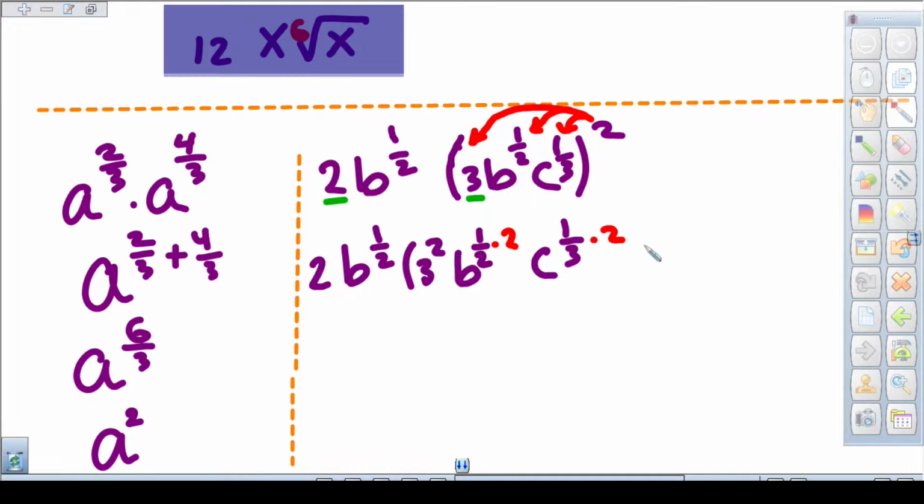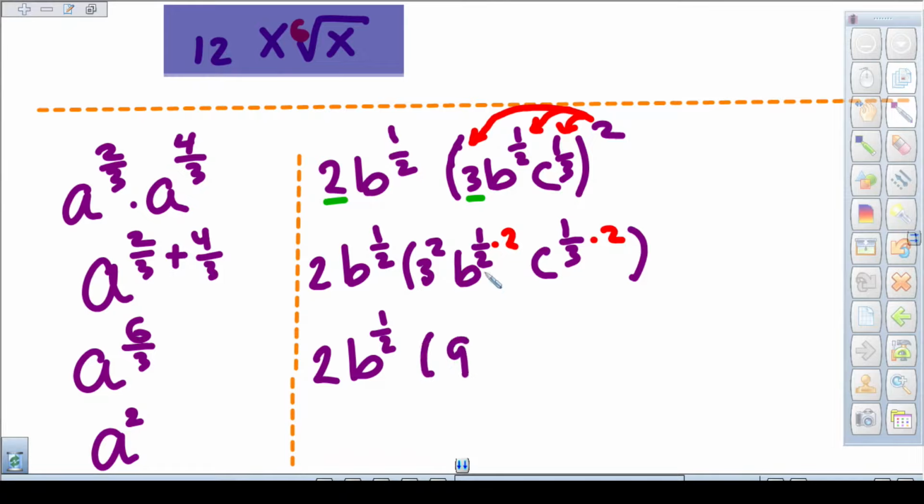And I close my parentheses. Okay. 2b to the half, I can't do anything about it right now. And 3 squared, how much is that? You're going to have to participate, you guys with me, okay? Help me out. What is 3 squared? Here we go, 9. So I've got 9.